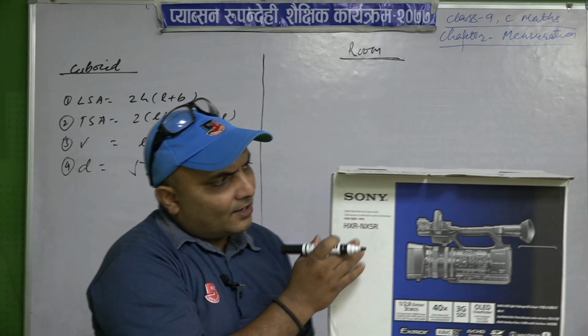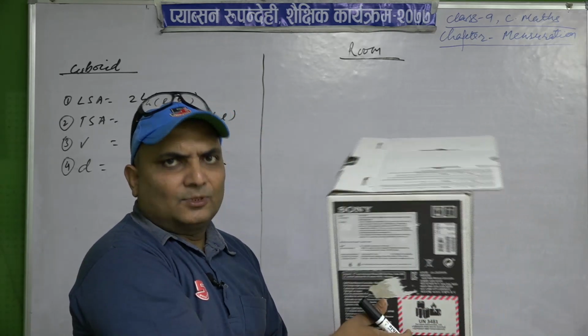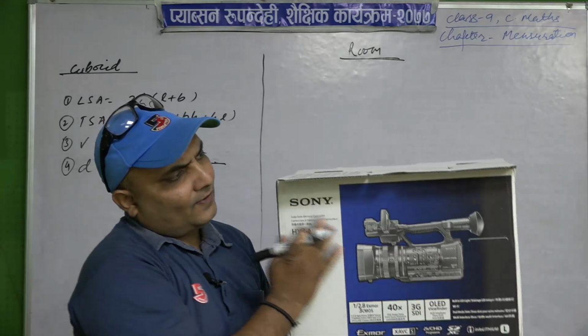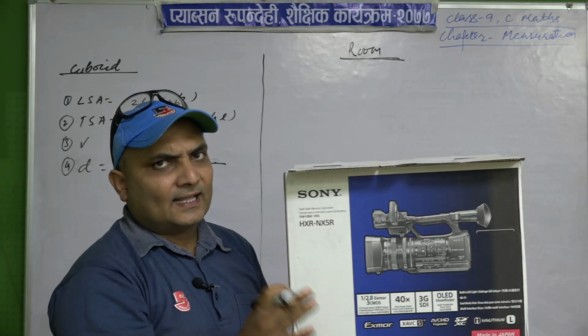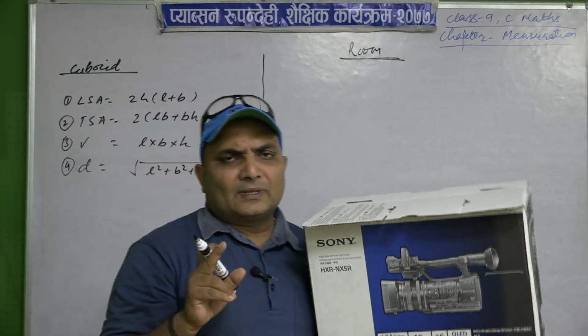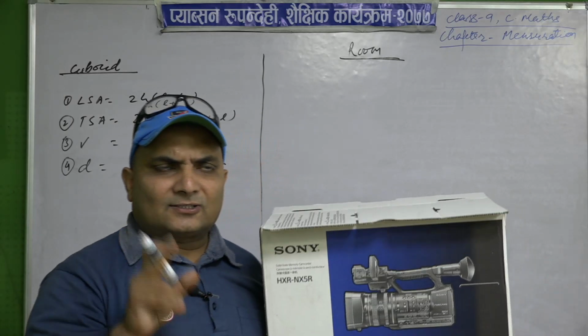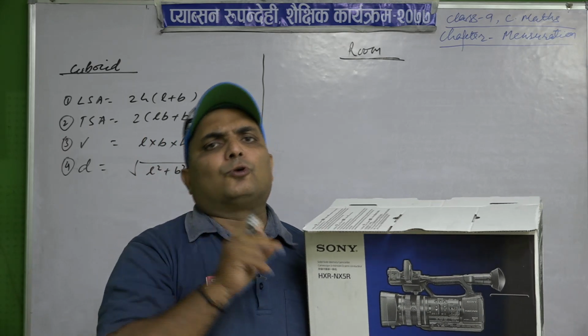Again, the area of 4 walls will be equal to the lateral surface area of the cuboid, because if we find the area of all four sides, we get the lateral surface area. So you should remember that the lateral surface area of a cuboid must be equal to the area of the four walls.